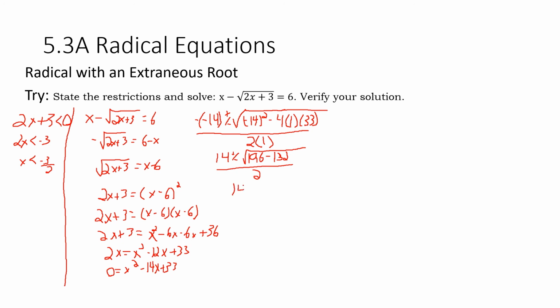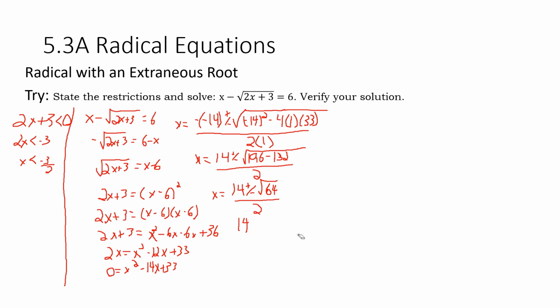So we've got to solve what's underneath the radical there. So 14 plus minus the square root of 196 minus 132, which would be 64, and then that's all over 2. Square root of 64 is 8. So our two values, I forgot something up here. This is x equals.